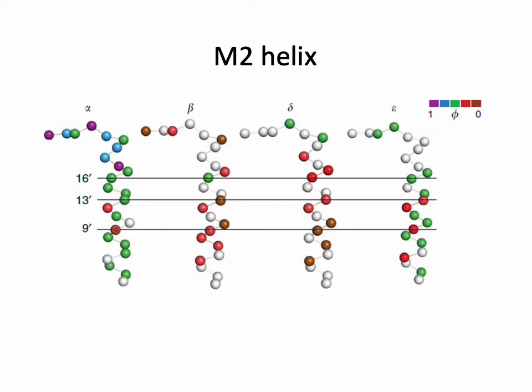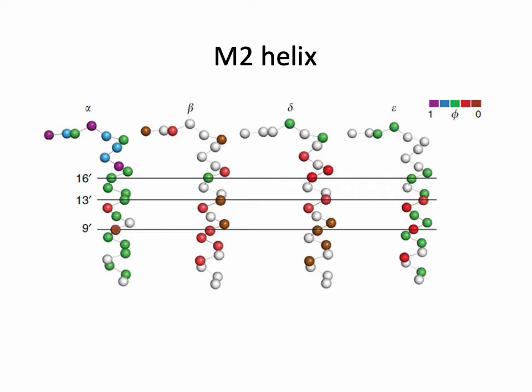Although most of our measurements were phi values of amino acids in the alpha subunit, in some regions of the protein we managed to measure phi for all 4 subunits. And this shows the map of phi on the M2 helix. This is the helix that lines the pore in the transmembrane domain.